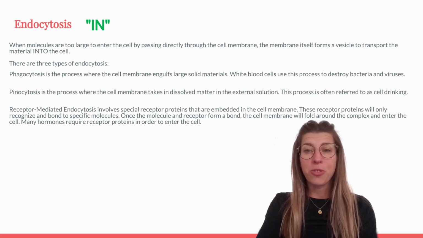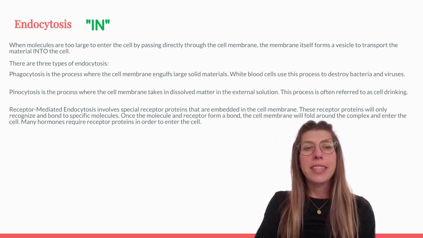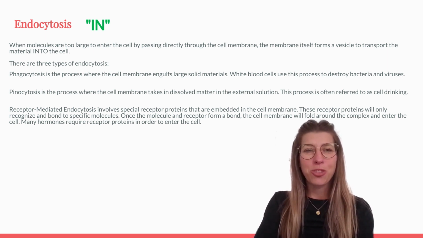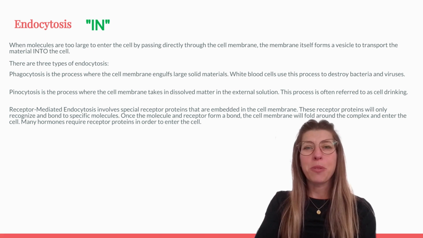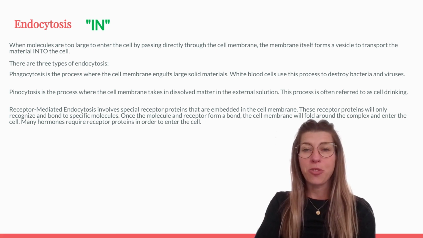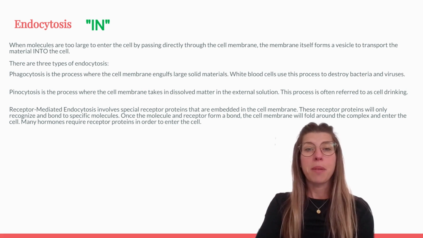There's pinocytosis, where the cell membrane takes in dissolved material from the external solution and brings it in. This is sometimes called cell drinking because it's smaller amounts. And then receptor-mediated endocytosis, which involves special receptor proteins that are embedded in the cell membrane.